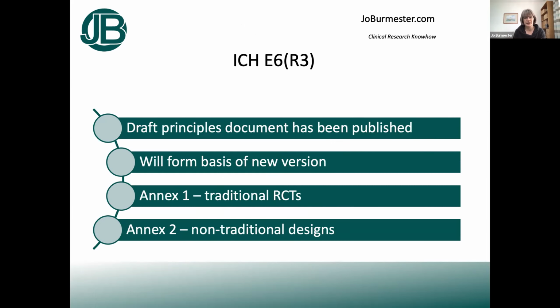This is what they're saying at the moment anyway. Annex 1 will be on the traditional randomized controlled trials that we do in order to apply for marketing authorization. And then Annex 2 will look more at the non-traditional designs, so the post-market trials, and also I'm guessing the more innovative designs as well, so adaptive, basket, all of that kind of stuff.